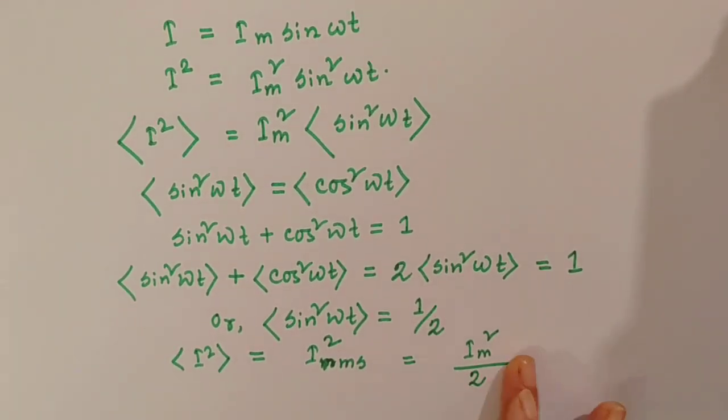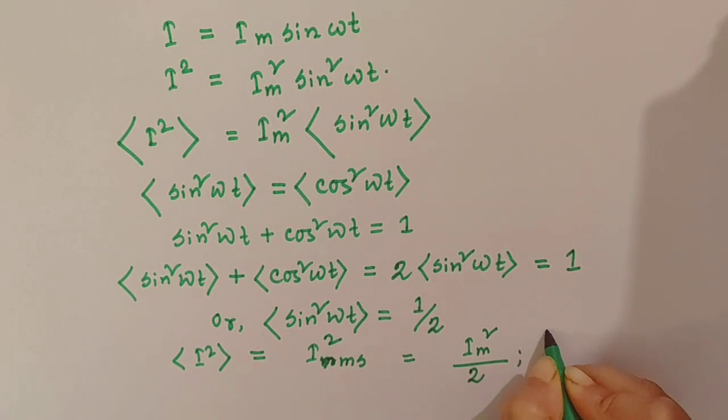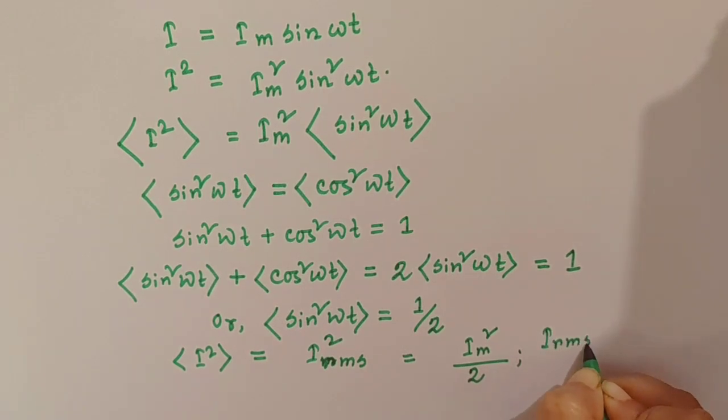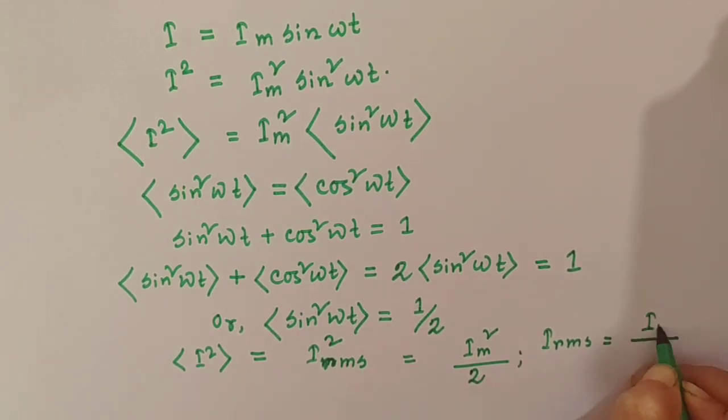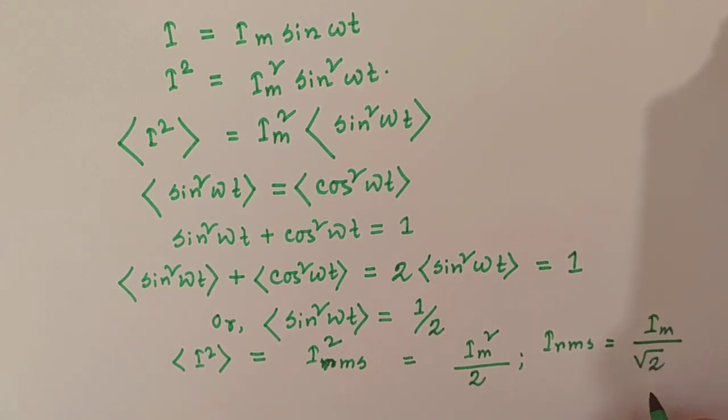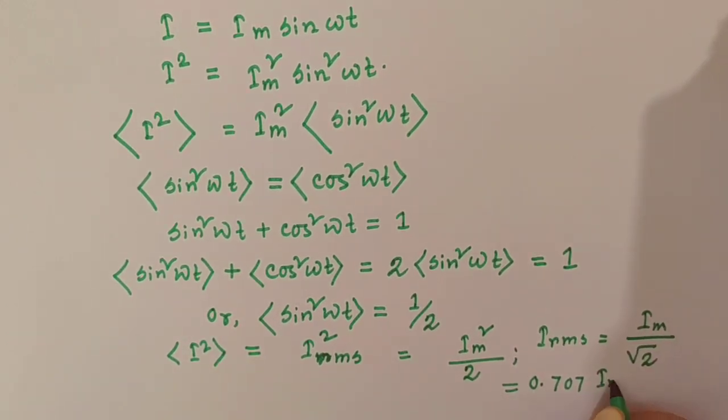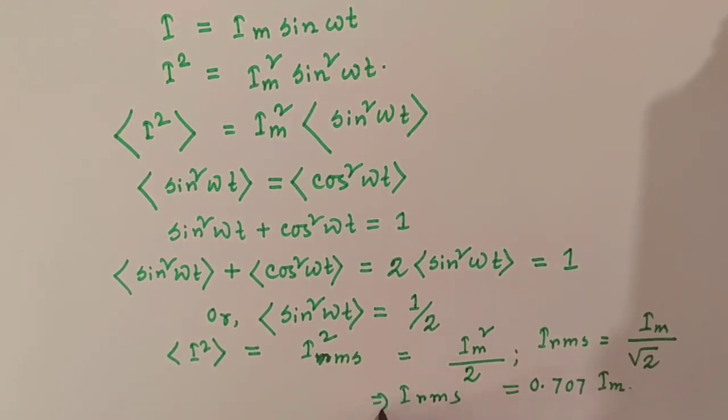From here we can write IRMS is equal to Im divided by root 2. What is the value of 1 by root 2? 1 by root 2 is equal to 0.707. So IRMS is equal to 0.707 Im.